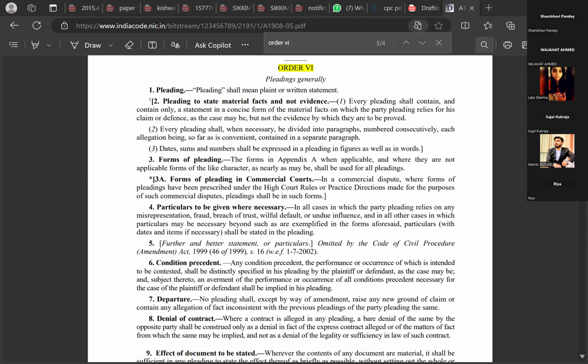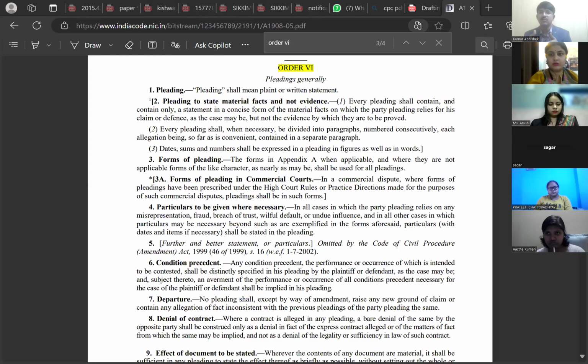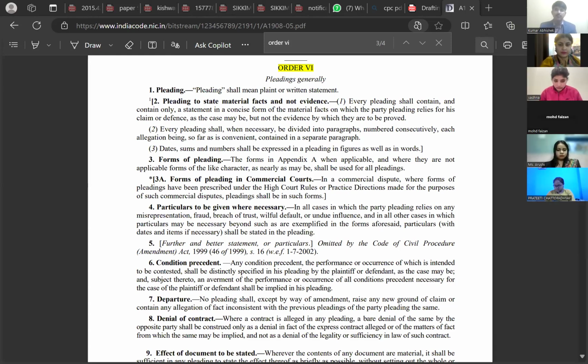So what I am trying to emphasize is that you should not be putting in law. Apart from certain aspects like limitation, there are certain exceptions to the rule that law should not be pleaded. Apart from those exceptions, plain law should not be put in the pleadings. That is the requirement, so you have to proceed accordingly.